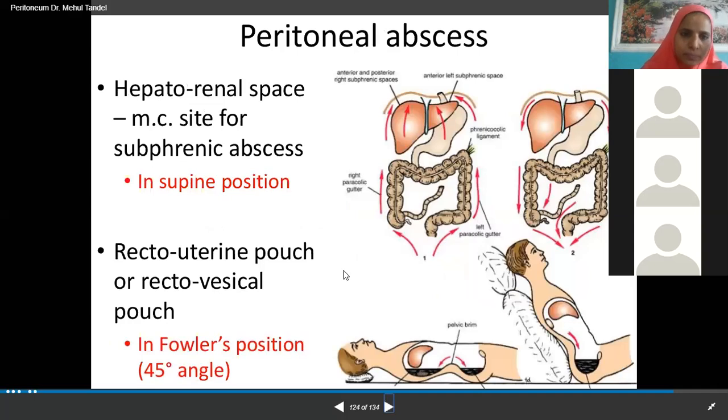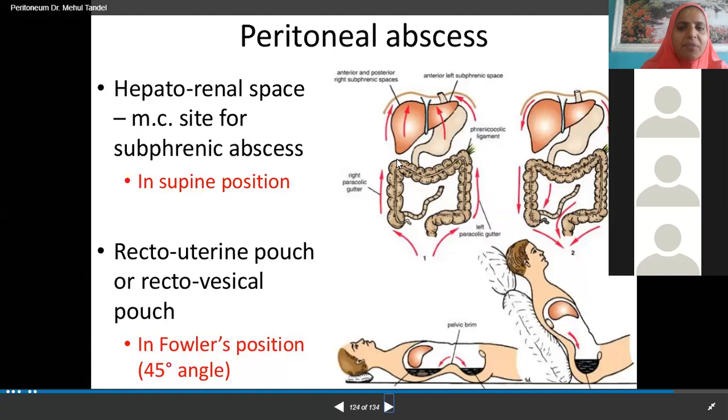Okay. Now see here, peritoneal abscess. You asked me why so many arrows, ma'am. See, if there is any infection, it can spread anywhere, from the pelvic cavity into the abdominal cavity, and from the abdominal cavity into the pelvic cavity, and vice versa. The hepatorenal space, we found it here, is the most common.